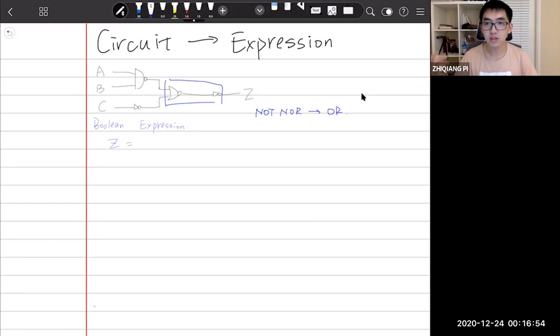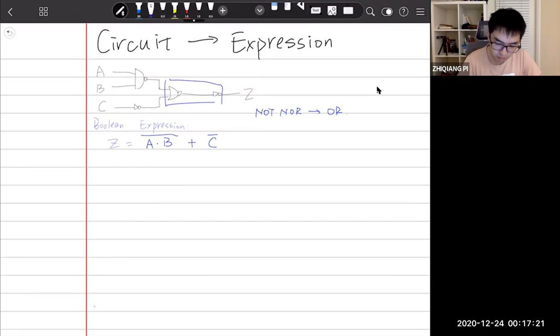So we can see this as just a simple OR gate. So we put a plus sign as an OR, and then we look at the inputs to the OR. So the first input to the OR is the upper side of NAND, which is A NAND B, and the other side is just not C.